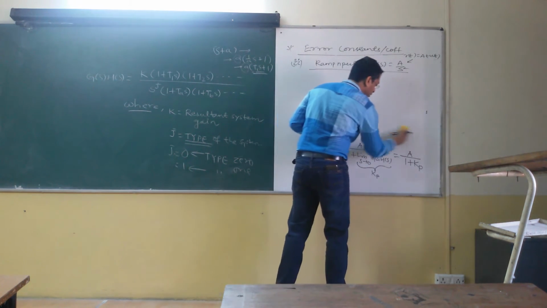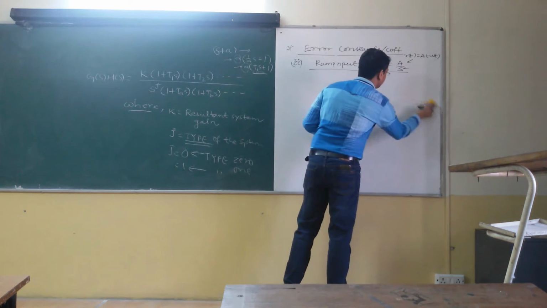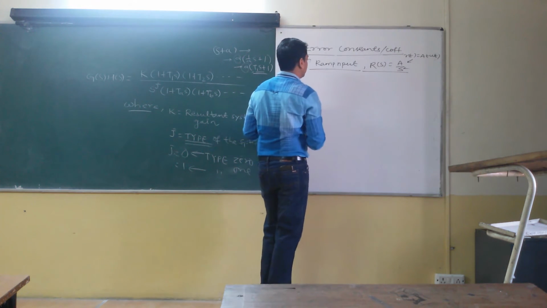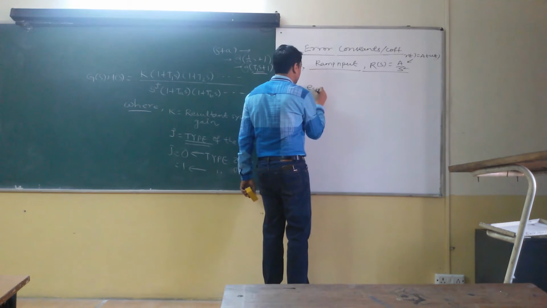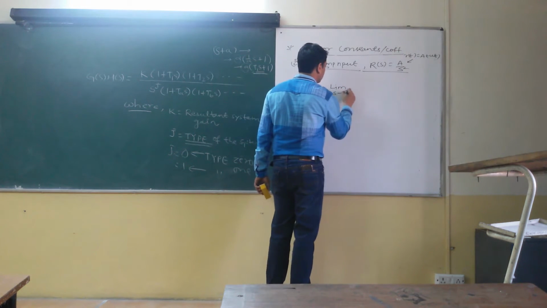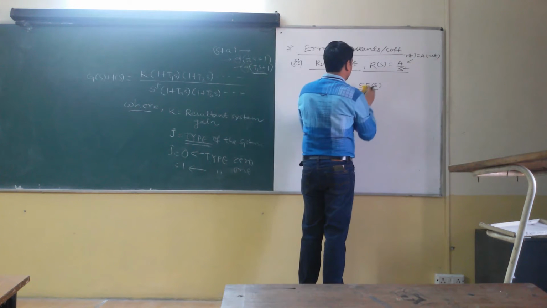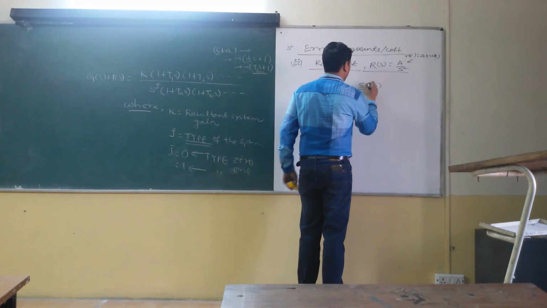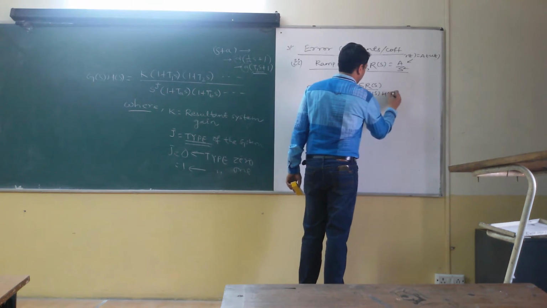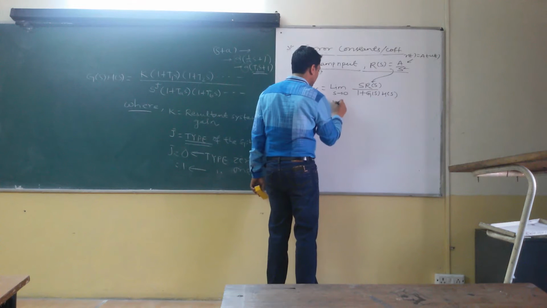Perform the similar operation. ess, you know, is equal to limit s tends to 0, s multiplied by R(s) upon 1 plus G(s)H(s), correct? So put the value of R(s) here. What you will get?